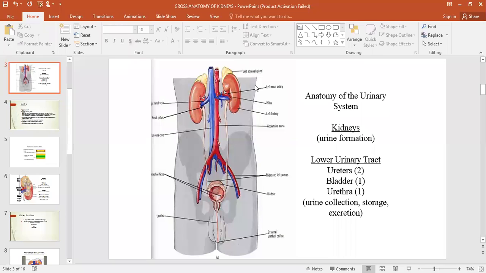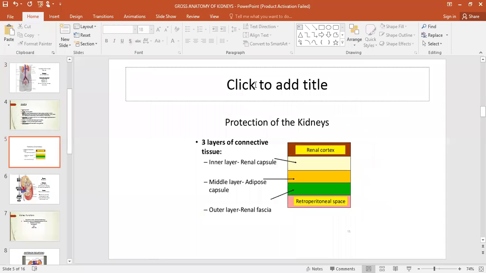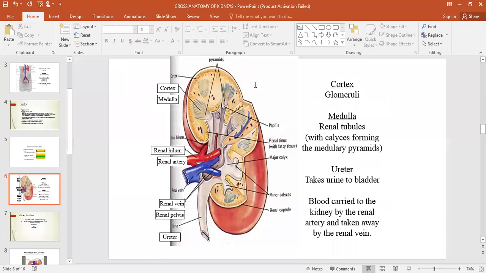Kidneys move about 1 inch or 2.5 centimeters during respiration. Okay, the kidney has two parts. One is the dark brown outer part, which is called the cortex, and the inner light brown part is the medulla.